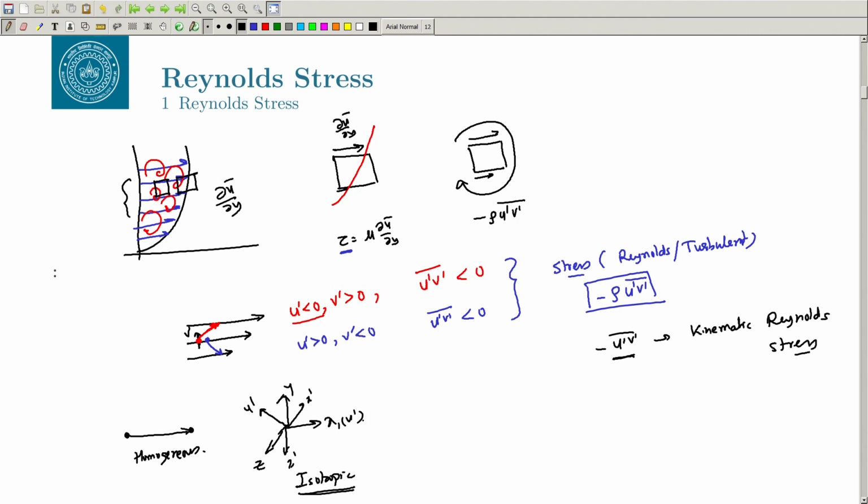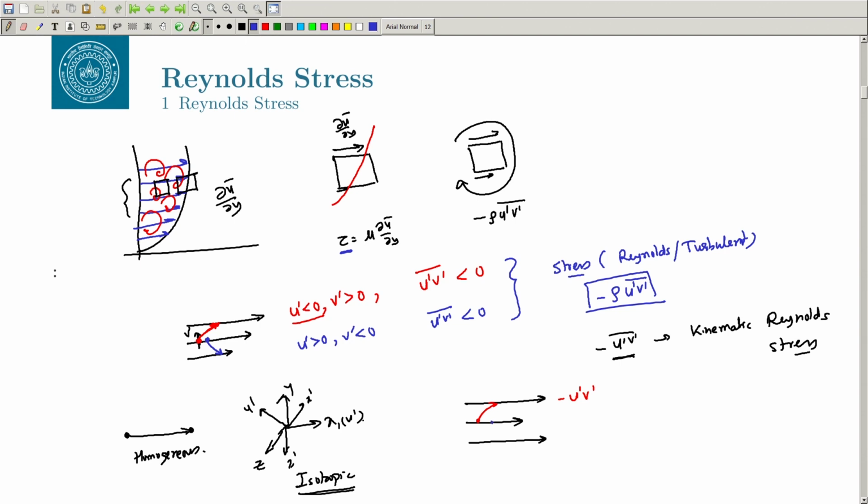So, if the turbulence is isotropic, then you can think of a motion where the middle layer is slow and both top and bottom layers are going faster, right. In that case, if a molecule jumps from here to here, that will become u prime v prime negative.